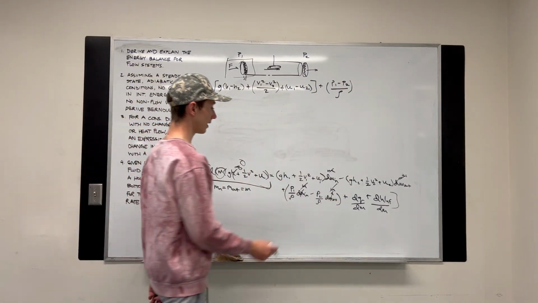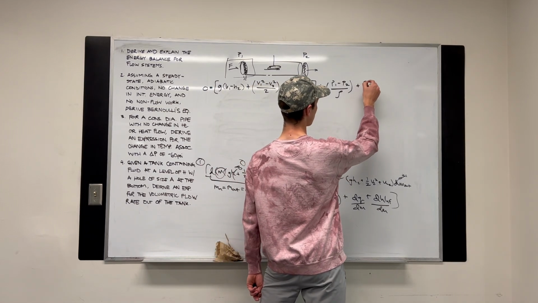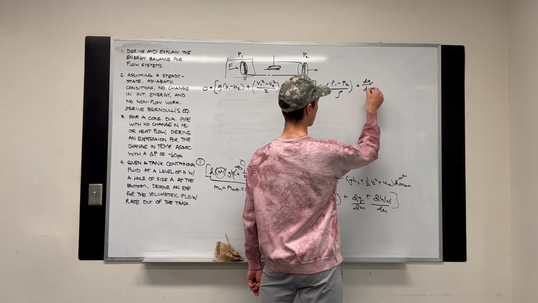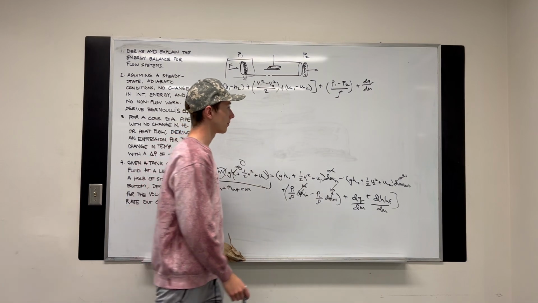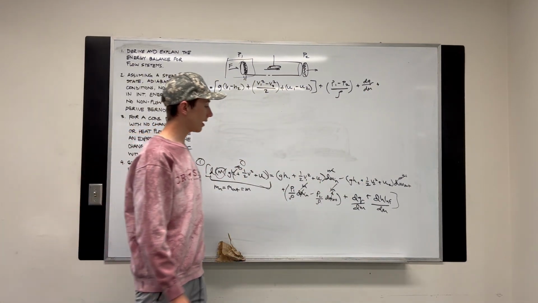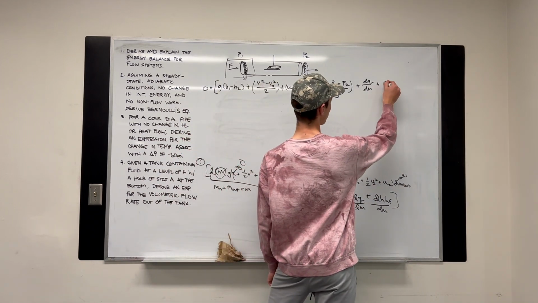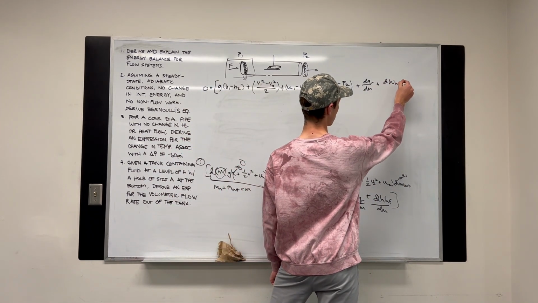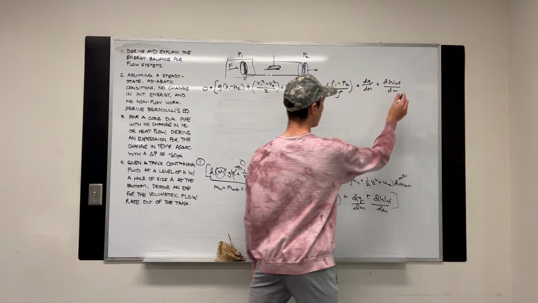Okay, and then we have any heat we directly add to a point of the system per unit mass. This whole thing's in per unit mass. And then we have any non-flow related work per mass.